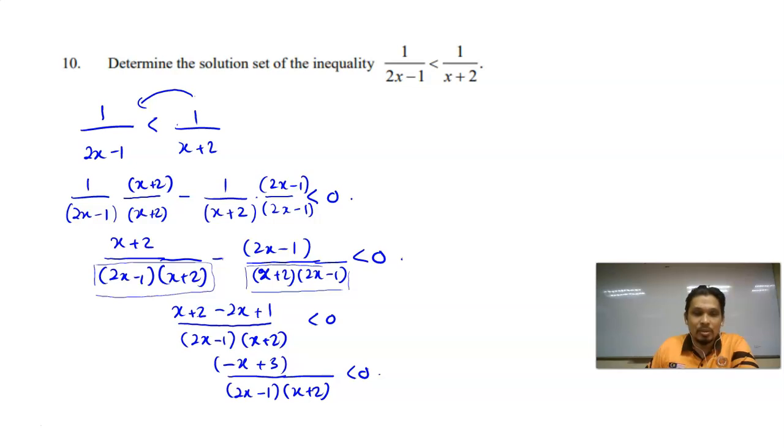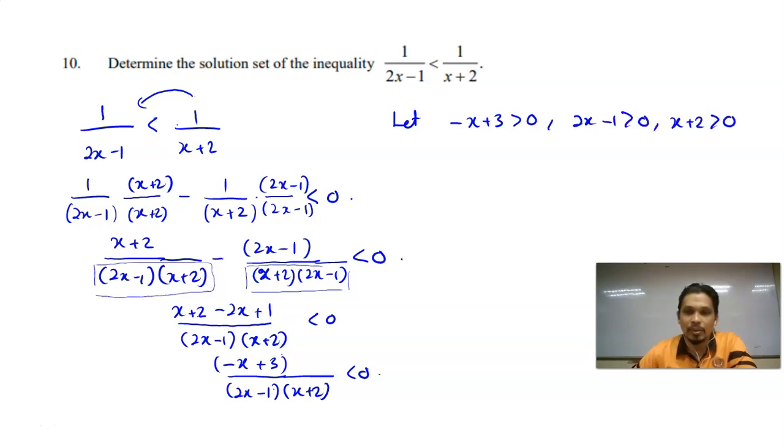So we call these factors number 1, 2, 3. Let's put them in the same line together. We assume first that all these 3 are greater than 0: negative x plus 3 greater than 0, 2x minus 1 greater than 0, and x plus 2 greater than 0.